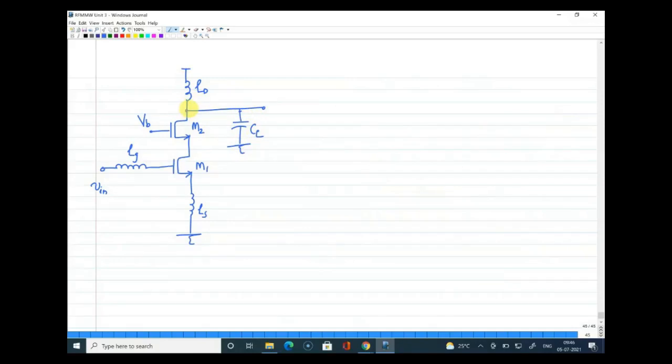So choose LD such that LD and CL will again operate in resonance. This is the final circuit, and this circuit is called a common source cascode LNA with inductive degeneration.